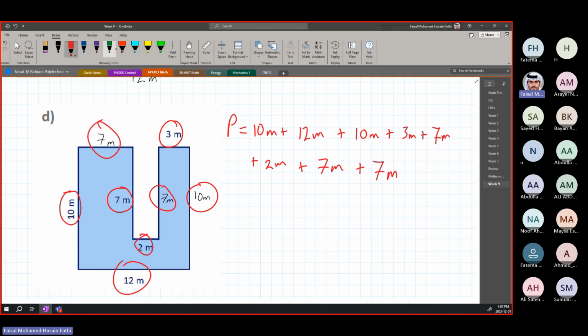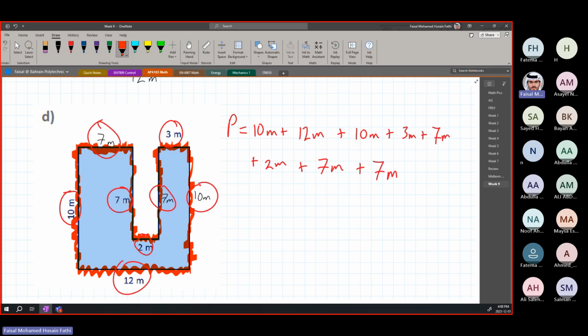Again, I'm going to repeat how I did this. I started with 10, the first side, plus 12 plus 10 plus 3 plus 7 plus 2 plus 7 plus 7.